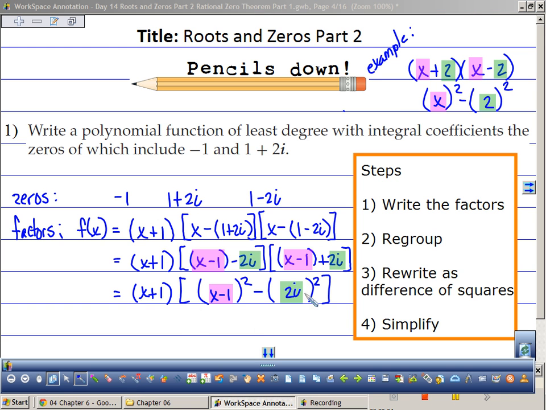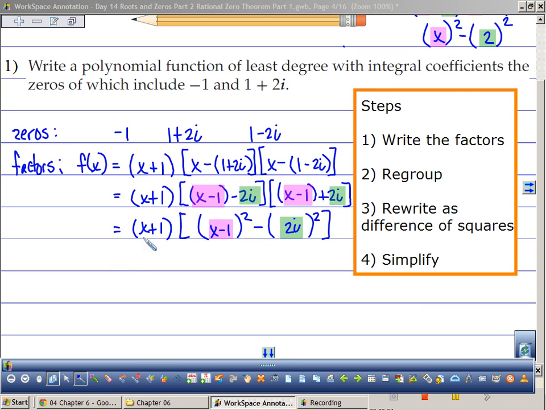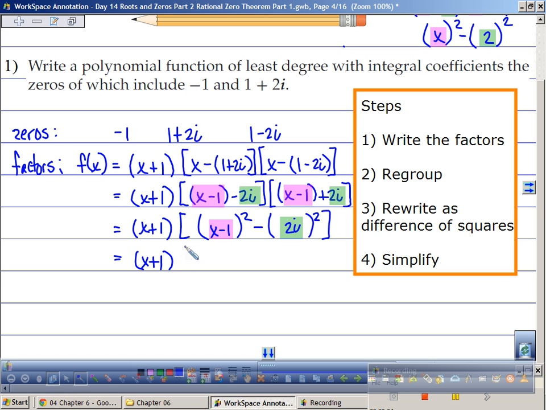Okay, so after that, I just need to simplify, and this is where it gets a little bit mucky. This is a perfect square trinomial, or x minus 1 times x minus 1, minus 2i squared, which is 4i squared. Are we good so far?